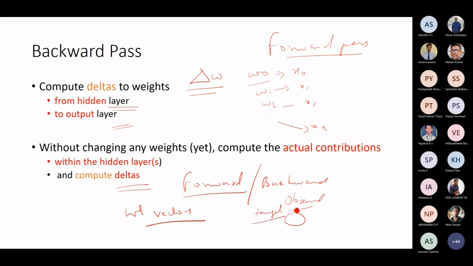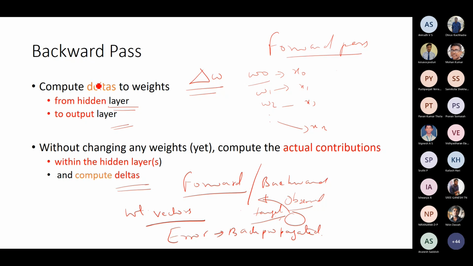So you take the difference and compute the change of weight that should be updated, and you don't give it to the input directly. You back propagate the error. The error gets back propagated and is given to the previous layer, and then the previous layer, etc., till it reaches the first layer.